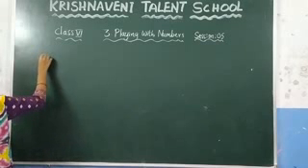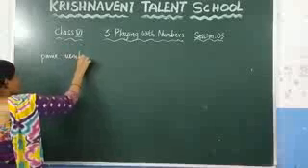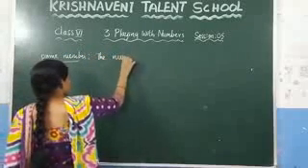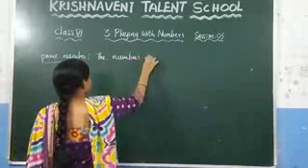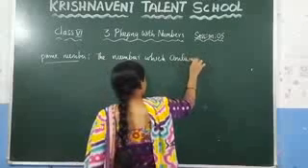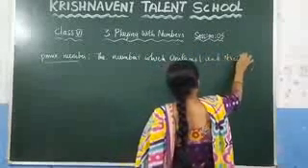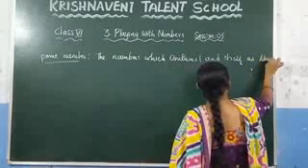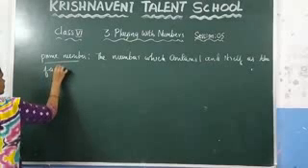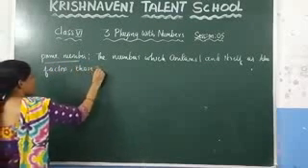So the next one, which is the prime numbers. What are prime numbers? The numbers which contain 1 and itself as the factors, those are called the prime numbers.